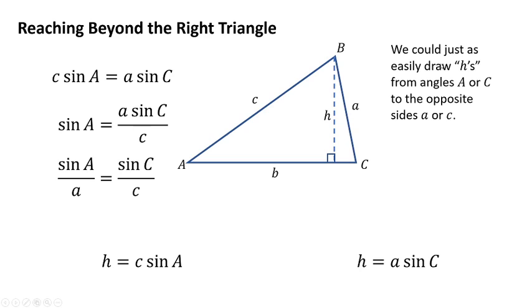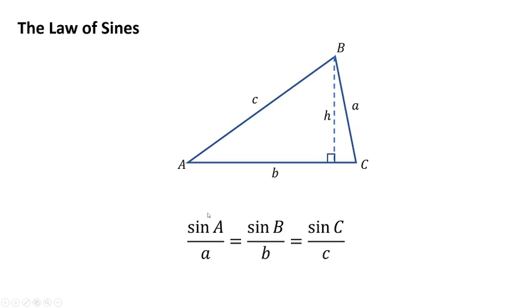And again, I could just as easily draw h's from corner A, vertex A, to the opposite side a, or from vertex C to the opposite side c. And so this is actually the full law of sines here, is that if you take a look at the sine of any of the three angles here, the sine of that angle divided by the length of the opposite side is going to be equal to the same ratio for this angle and this side, and this angle here and this side.